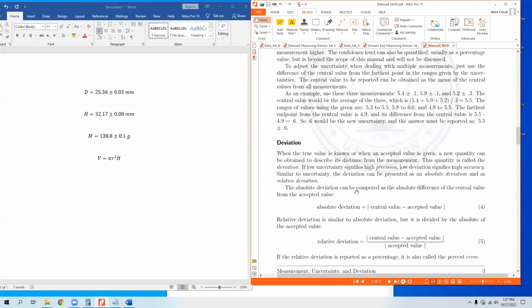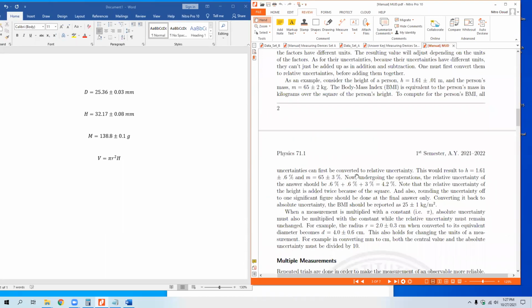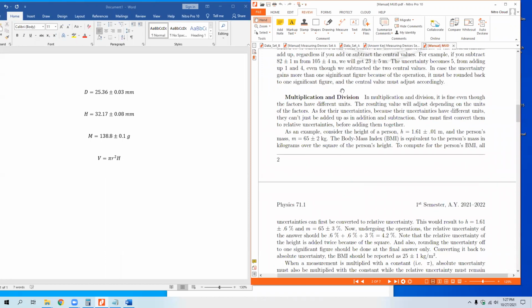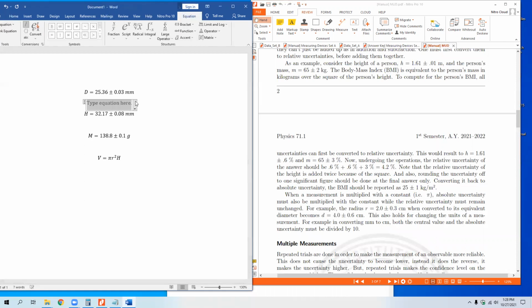So to do this, we go back to experiment 1. So multiplication and division of uncertainties dito tayo. So when a measurement is multiplied by a constant, the absolute uncertainty must also be multiplied with the constant while the relative value is unchanged. This means that kung gusto natin kalahatiin, we just divide both the central and uncertainty values by 2.